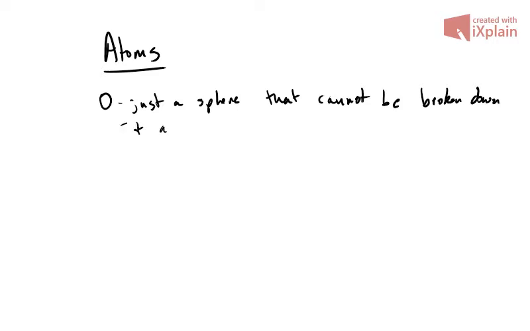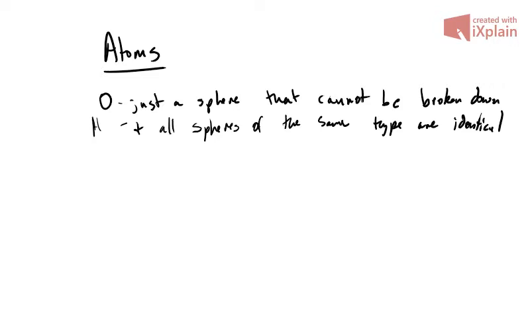And all spheres of the same type are identical. So a sphere of, say, hydrogen would always be the same as another sphere of hydrogen. You'd never have one hydrogen different from the other.